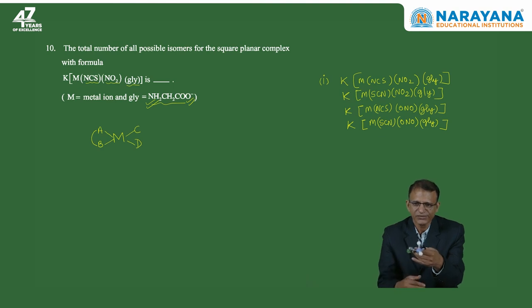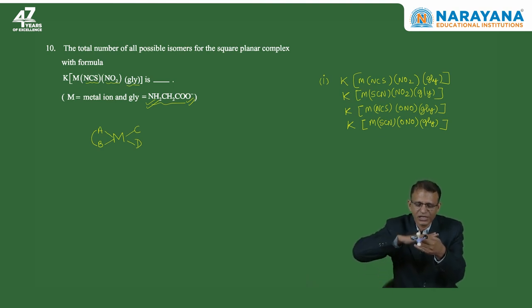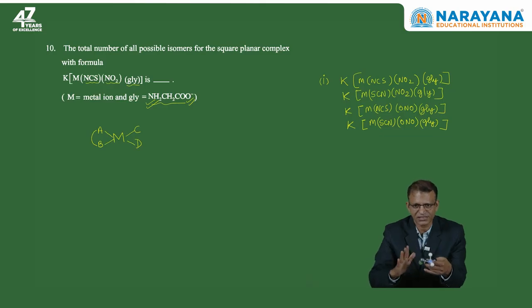If I cut this whole molecule by a plane parallel to the molecule, there is a plane of symmetry. So obviously there is no optical isomerism in a square planar complex. In this particular square planar complex, there is no optical isomerism.